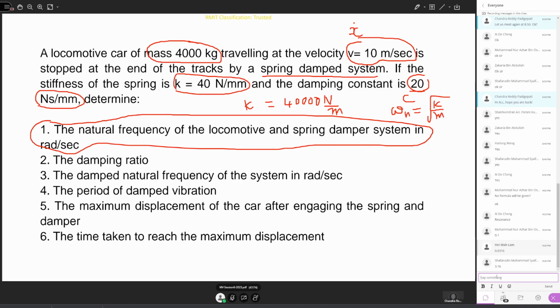Safaruddin has given 3.16, so the unit should be 3.16 radians per second. So then calculate number 2. The answer will be 3.16. Please note, if you don't write the units, there will be some penalty. A small portion of the marks will be reduced. Then calculate the damping ratio.